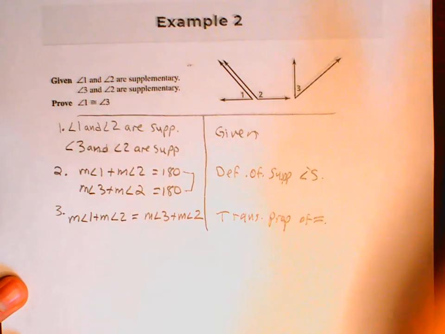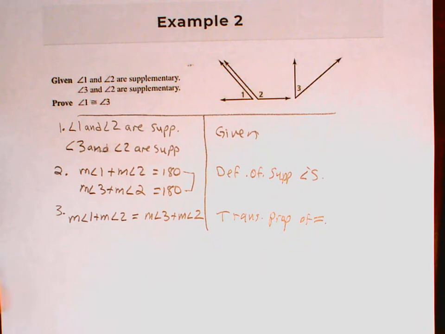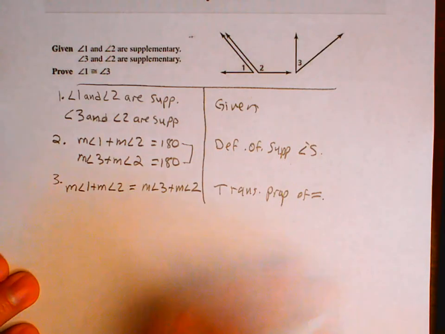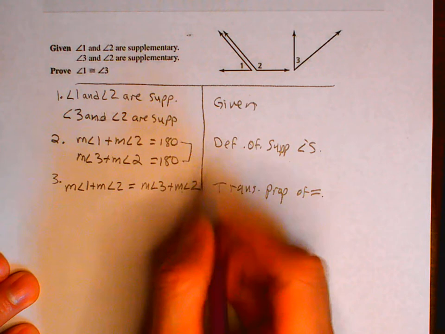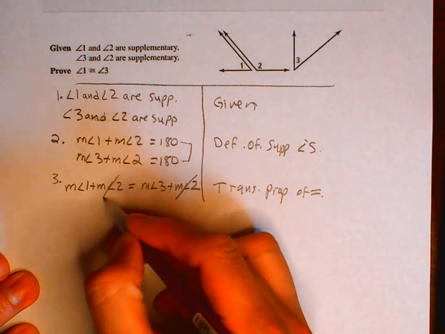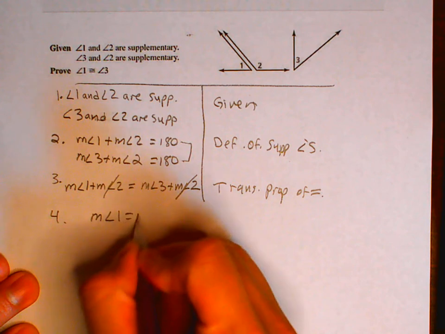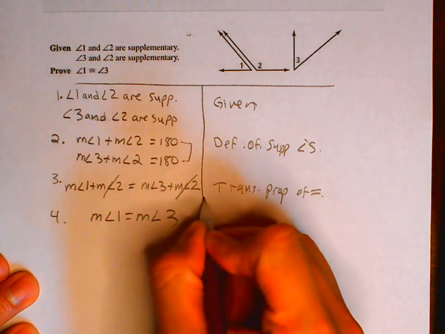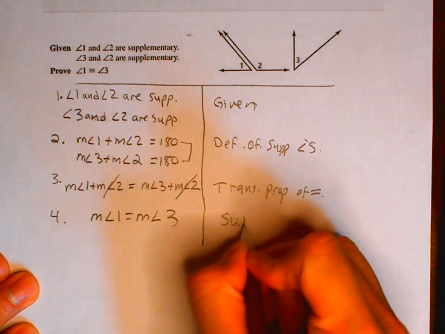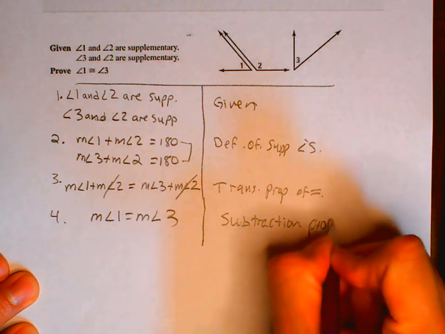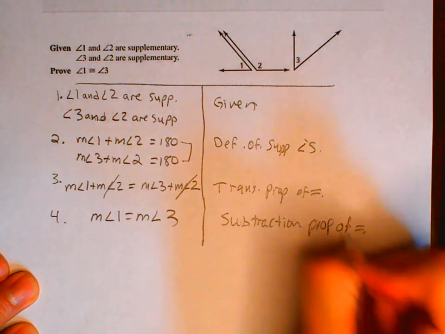So now what am I going to do? Look at what's going to happen. You have the measure of angle 2 on both sides. I can subtract them and get the measure of angle 1 equals the measure of angle 3. What did I do? I did the subtraction property of equality.